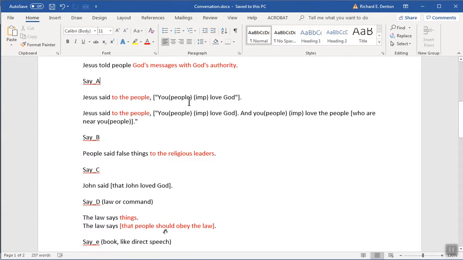Now, to remember the order of the items in the structure, it's best to remember this single sentence form. Jesus is telling the people, and you put what he told people in the left brackets. The open quote and close quote go inside the brackets, and the period always goes at the end of the sentence.